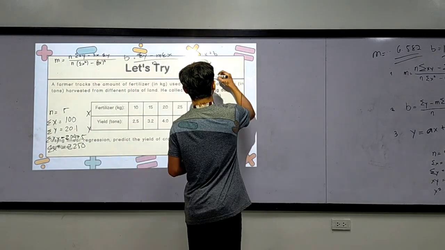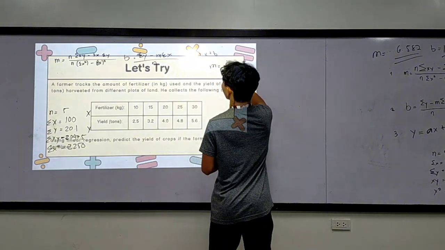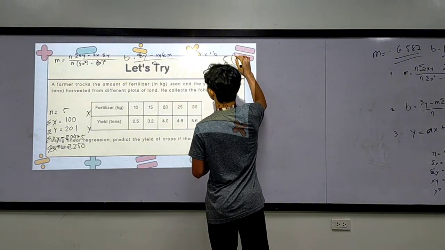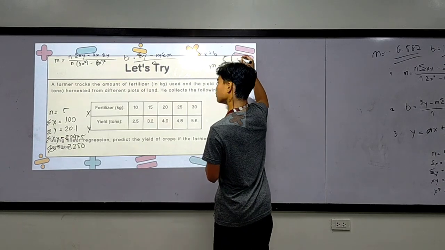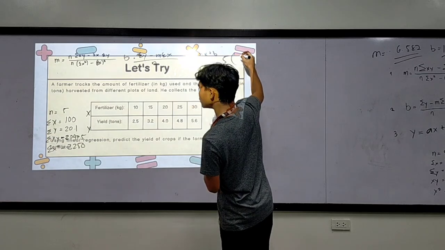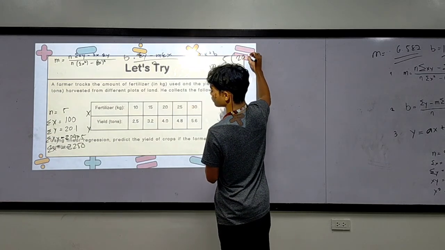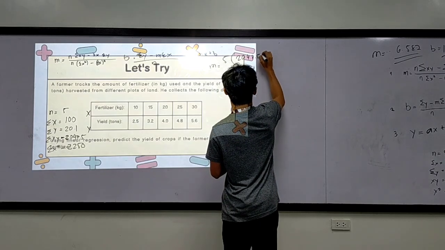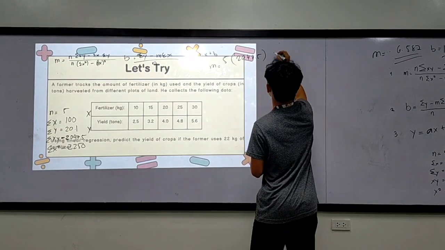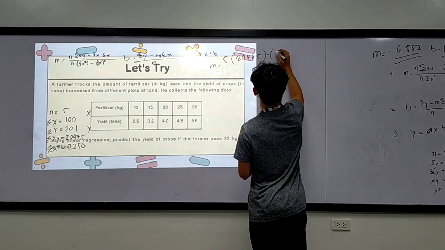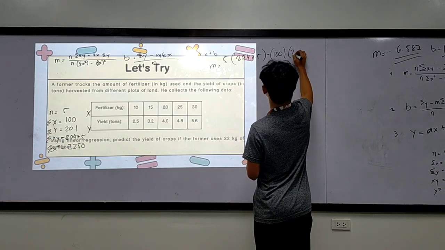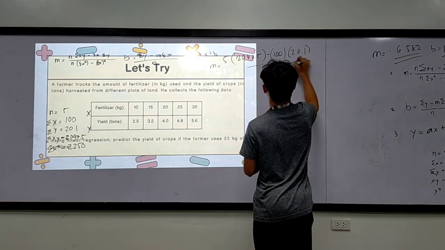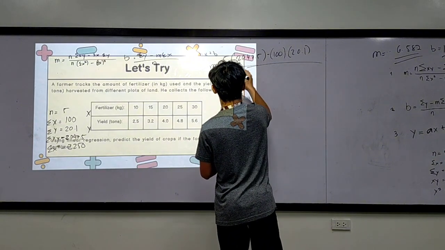So m, you need to get the m. So m is equal to n, which is 5, times xy, which is 2047.5, minus x, which is 100, times y, which is 20.1, over n.